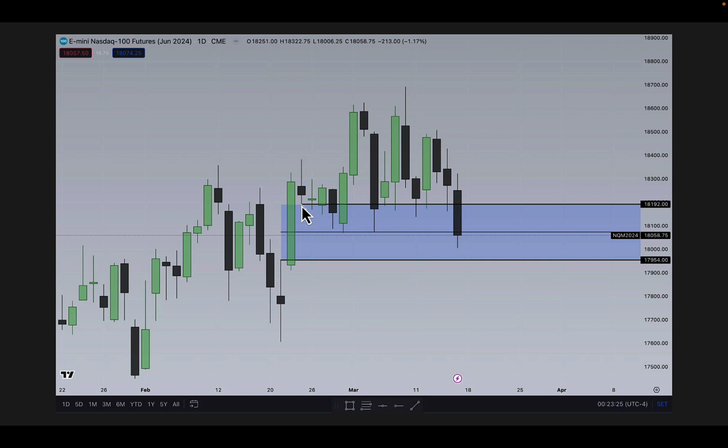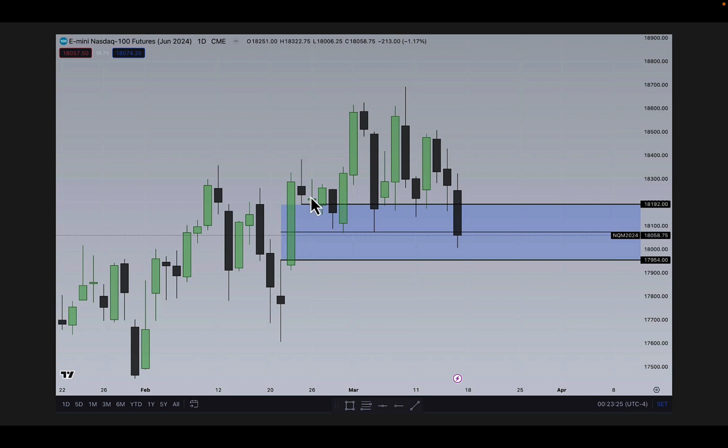But I'm looking at this in quadrants, but more specifically, the main things I'm focused on are the 25% or the first quadrant, which I don't have labeled here, but it would essentially be from this high here to the midpoint there. That would be your 25%. Then, of course, your 50% or consequent encroachment. Those are going to be the most important to me when I'm looking at price.